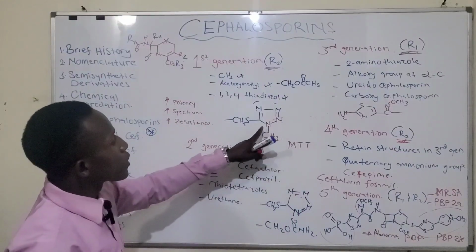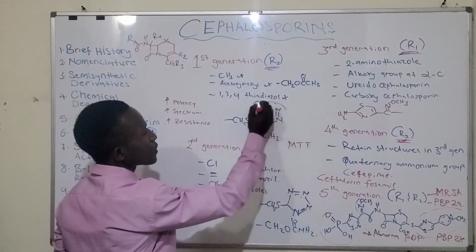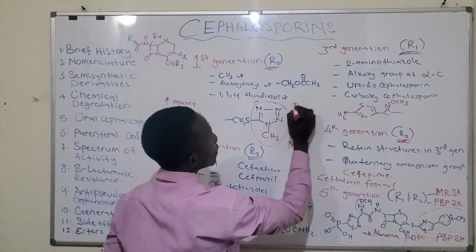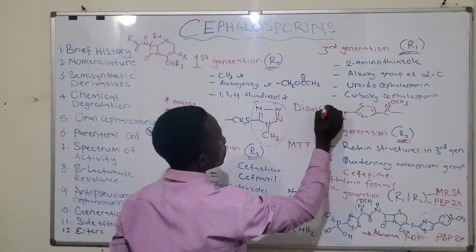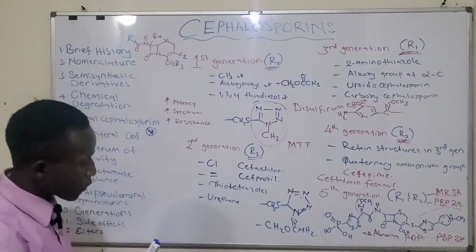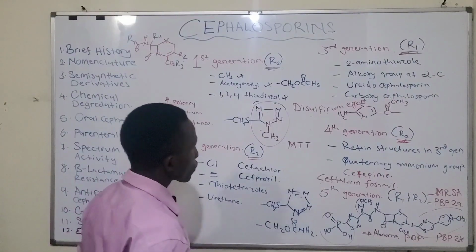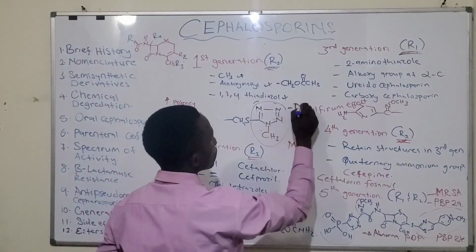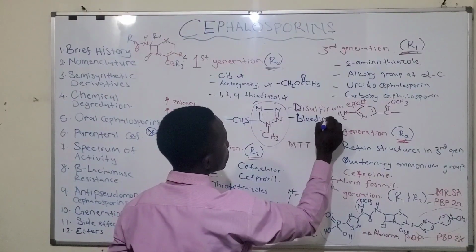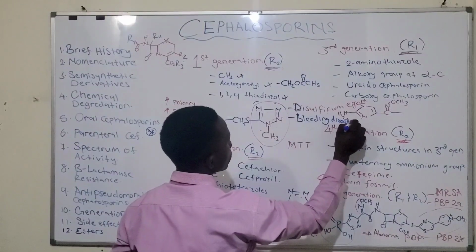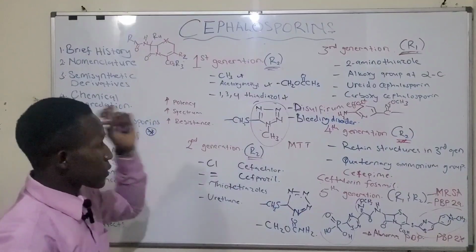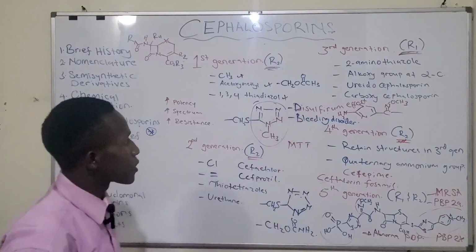So this group, if you find this group on cephalosporin, it is responsible for the disulfiram effect and also bleeding disorder. So all those cephalosporins having this group, they can lead to these effects.